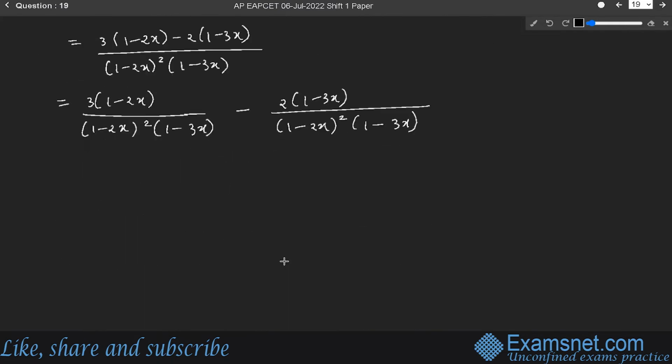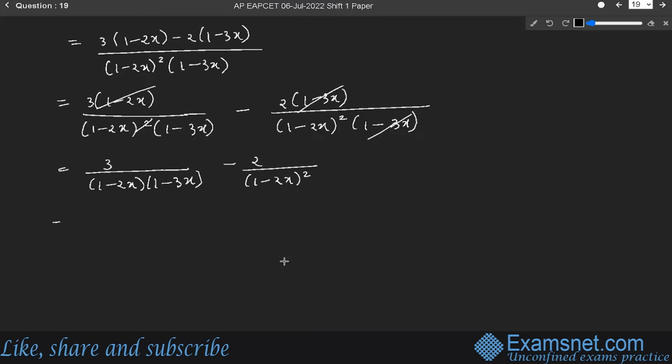On further solving it, this will be equal to 3 upon 1 minus 2x into 1 minus 3x, because here there is a square, so this one term will be cancelled, minus 2 into again 1 minus 3x and 1 minus 3x will be cancelled. So it will be divided by 1 minus 2x whole square.